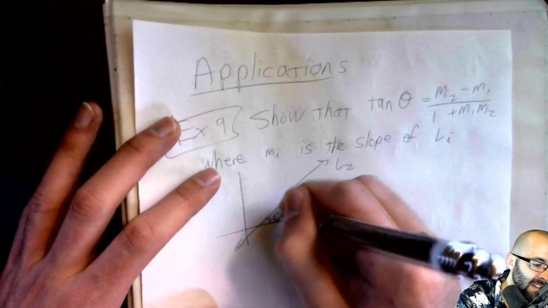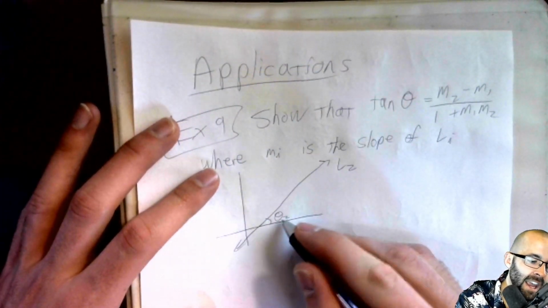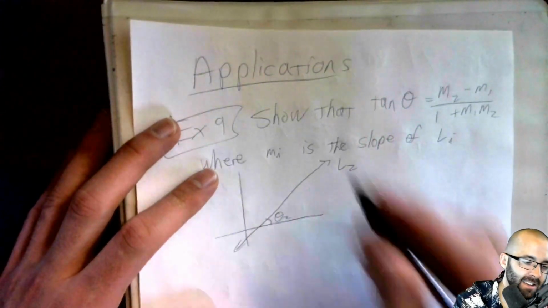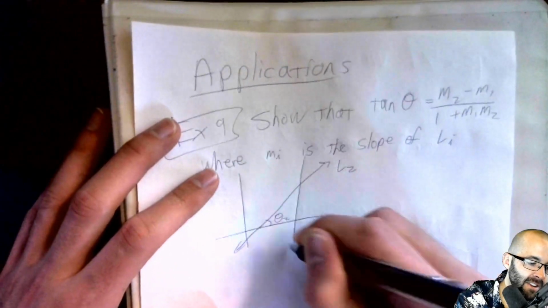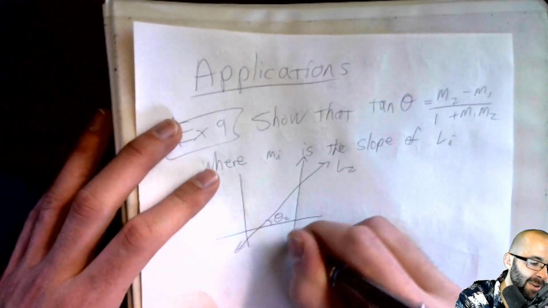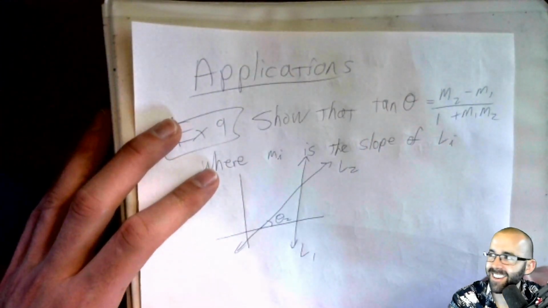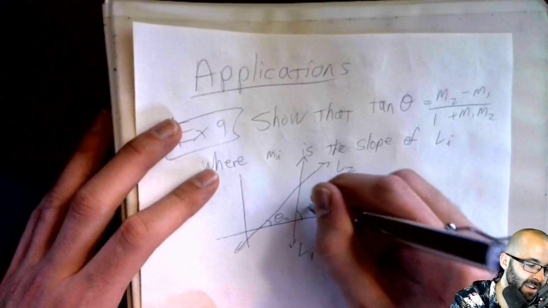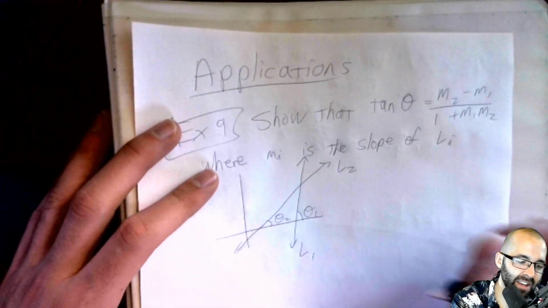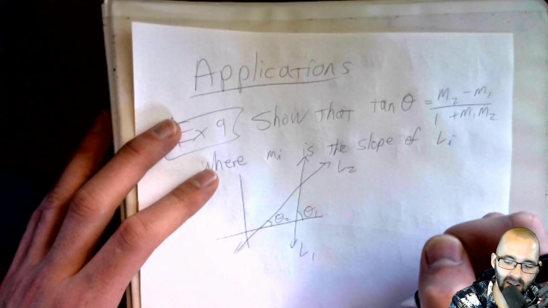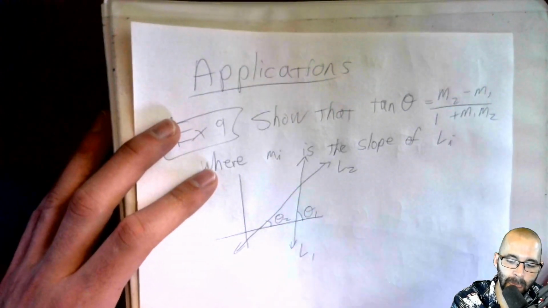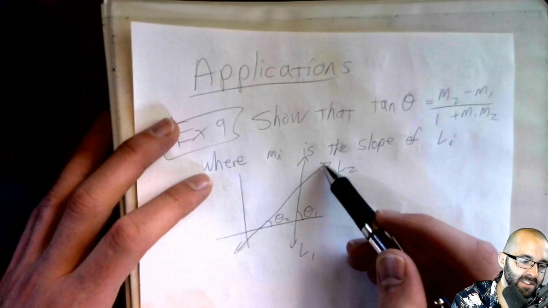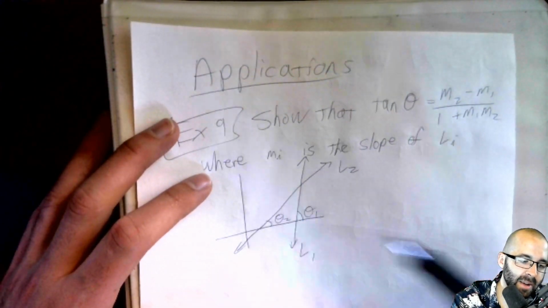And this angle is the angle of the second line with the x-axis. And then let's have another line that we're going to call the first line. And we have theta 1 right here, the angle it makes with the x-axis. So the slope of this line is just going to be m2. The slope of this line is just going to be m1.